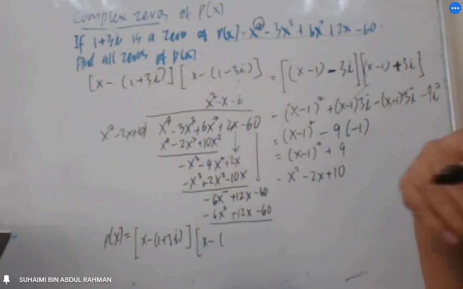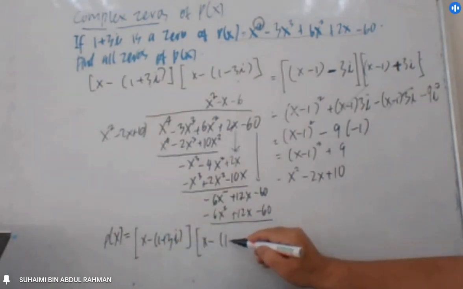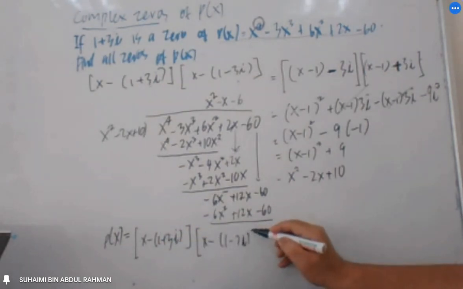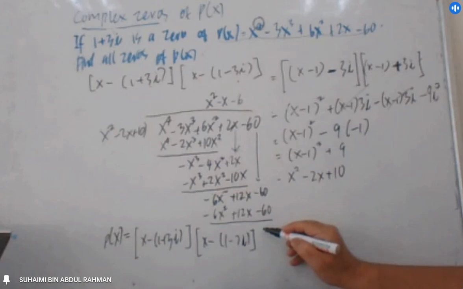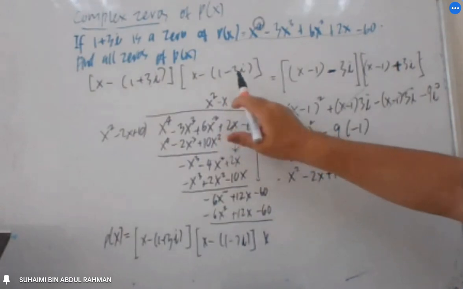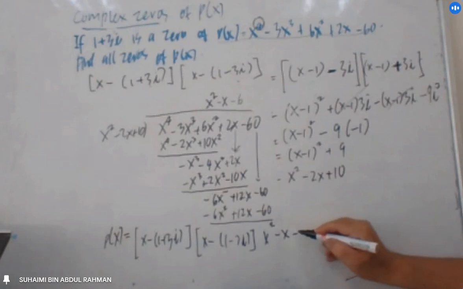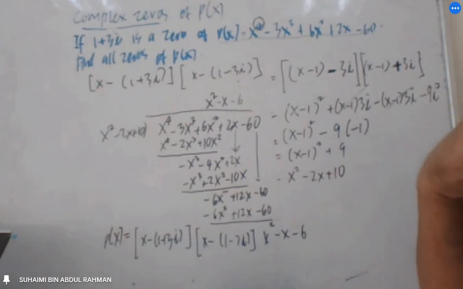What is another zero? 1 minus 3i. Another one? This: x squared minus x minus 6.